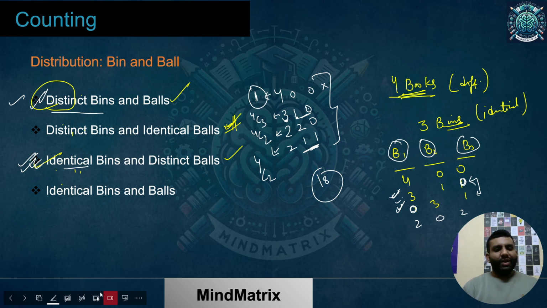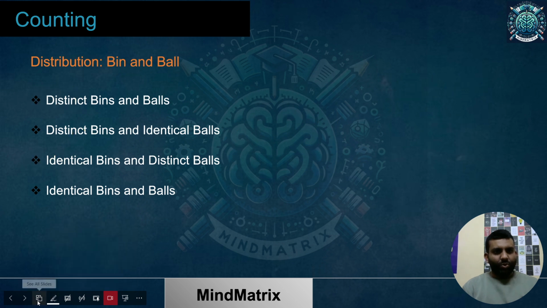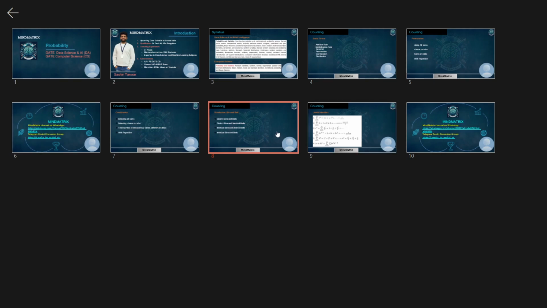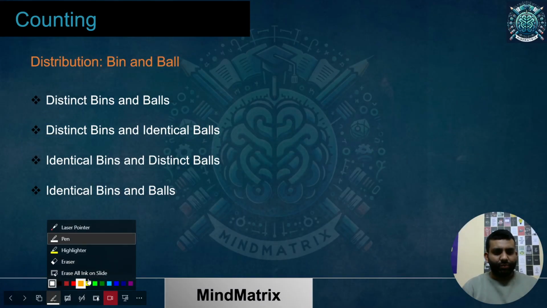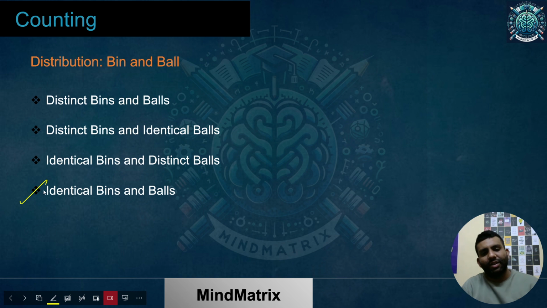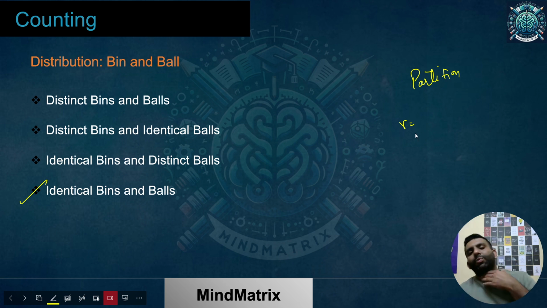Okay, now we are left with the last one, the most simple one. What happens in this case is you just need to partition. So if R is the number of, what we said over there was the selection of things I need to select.